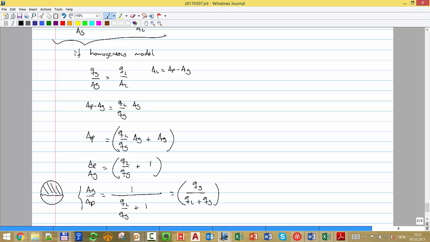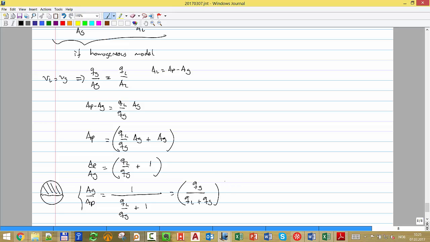And you see something surprising: if we say no slip, that the two of them travel at the same velocity, V liquid and V gas, then the ratio between the area the gas occupies and the total area is equal to the ratio between the volume rates. Is that clear? So if you have homogeneous flow, you can calculate straightforwardly how much is occupied.